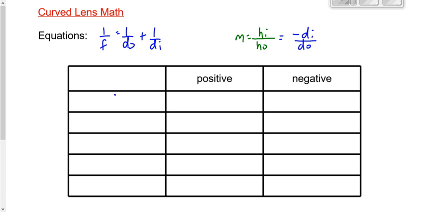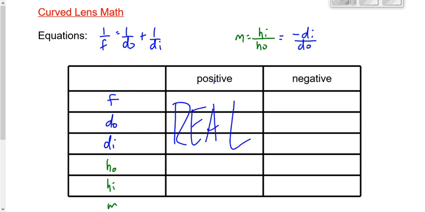We had F, DO, and DI. They kind of go together in my table. And then HI, HO, and M kind of go together in my table as well. If you want F, DO, and DI to be positive, then they have to be real.